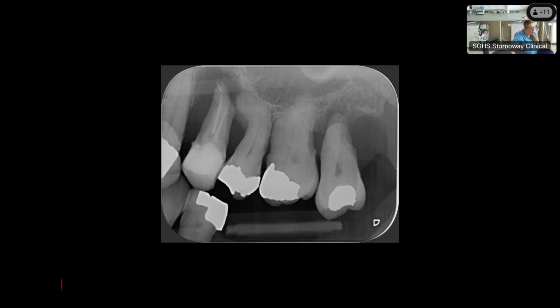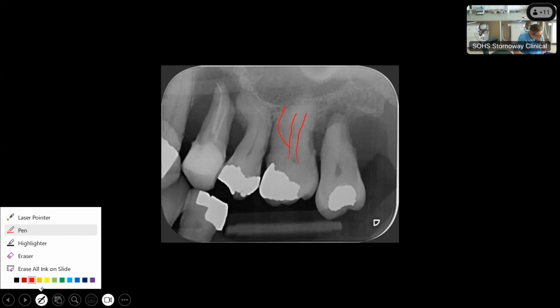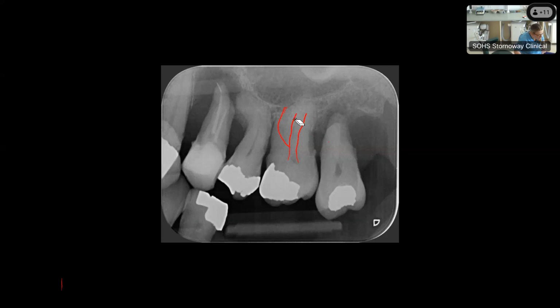Now, there's more than 3 canals, but from this perspective, we've got one doing that, one doing that, and one doing that. So that tells us that our roots roughly are in that formation.